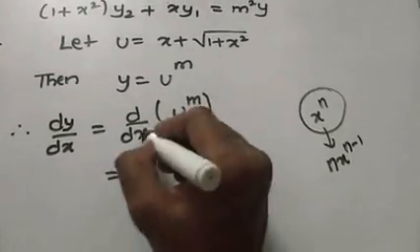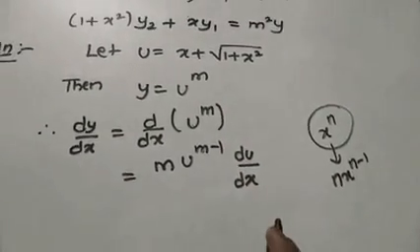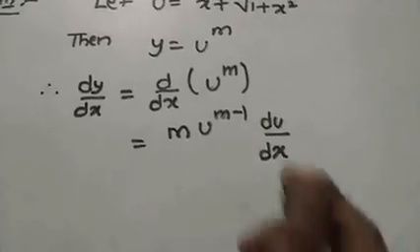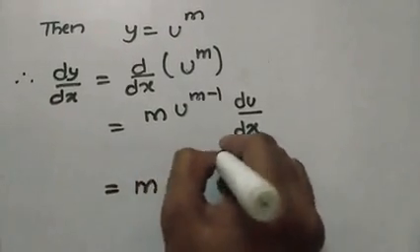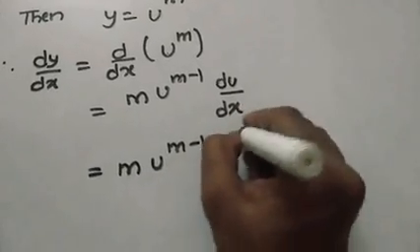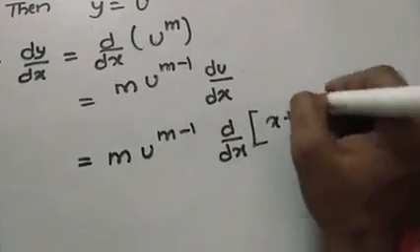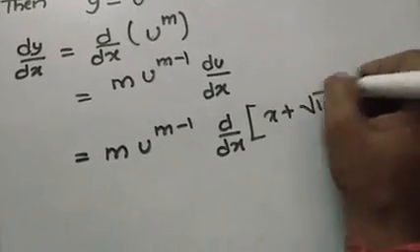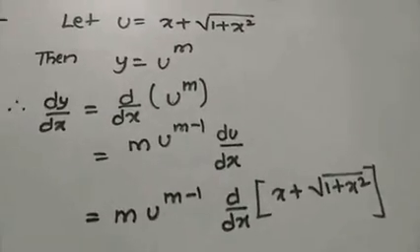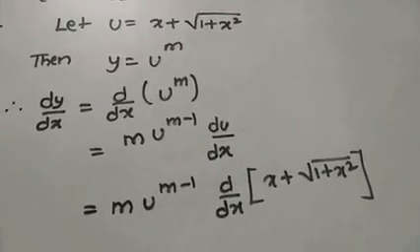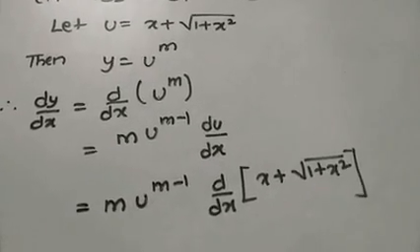Now this is u, this is x, these are not same, so we will write du by dx. So after that, putting the value of u, that is m u to the power m minus 1. Now just putting the value of u, d dx of x plus root over 1 plus x square. Now if you have watched the previous video of second order derivative, the question number 9 was similar to this one.